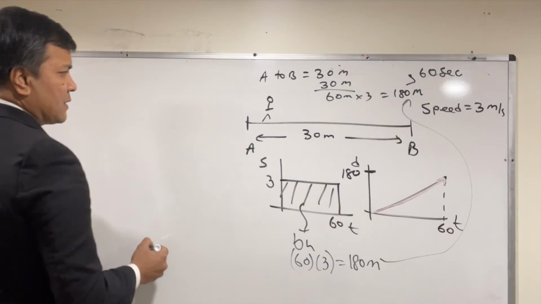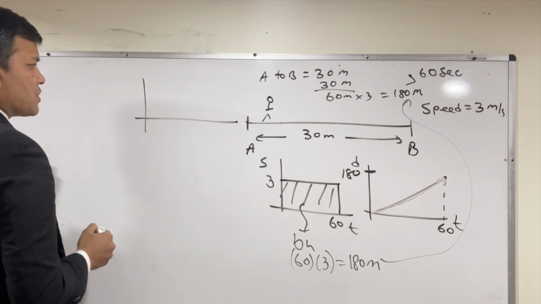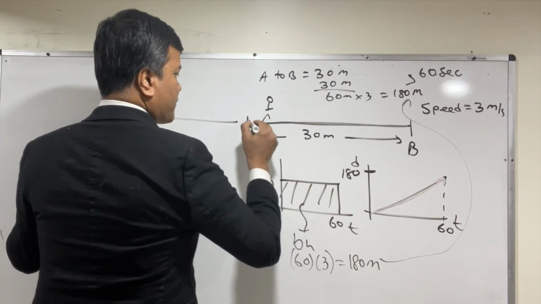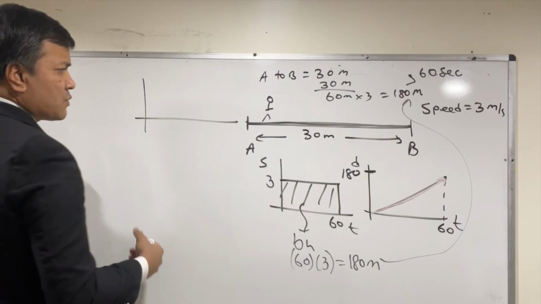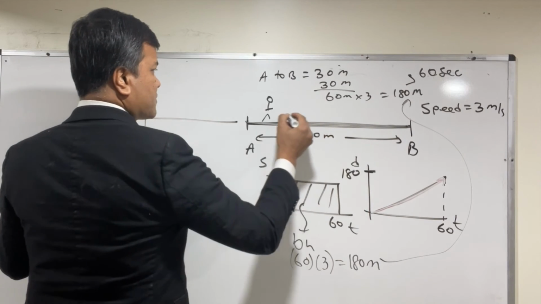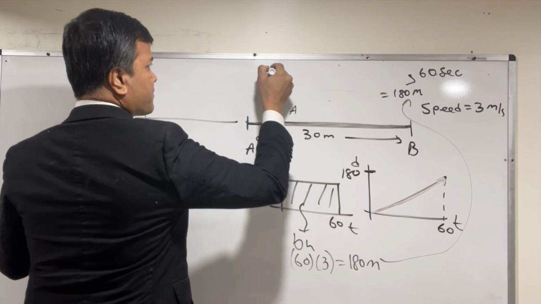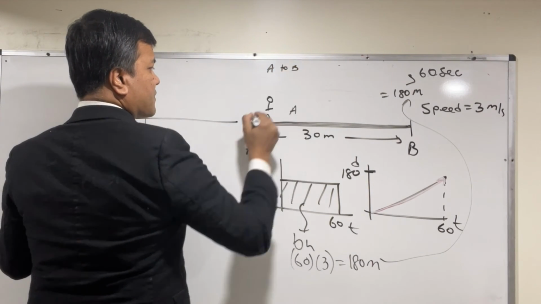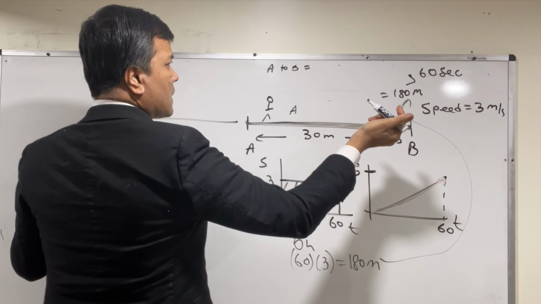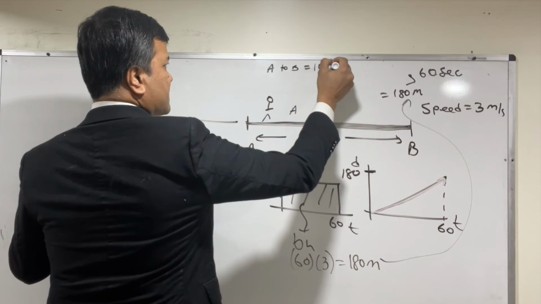All right, now we're going to do the displacement versus time graph. Here's how I'm going to do it. The first 30 meter, the total trip is 60 seconds. So the first 30 meter, this is the first round. We're going to say A to B. So A to B, A to B, A to B. It takes him how long? 10 seconds, right? 10 seconds.